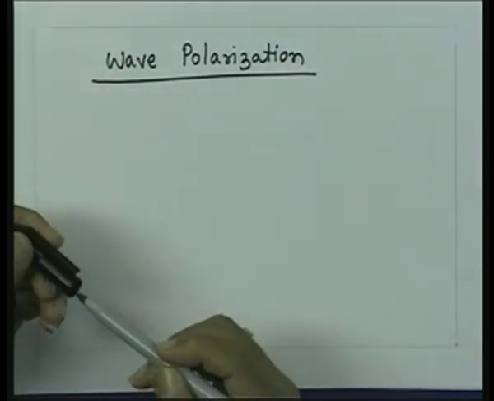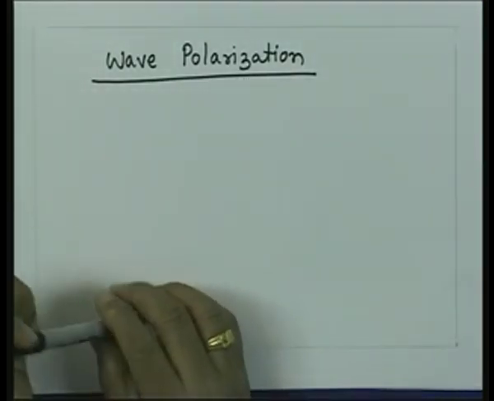And this is a very important phenomenon for any electromagnetic wave, because any wave you take, it will have a direction and magnitude of the electric field, and in general it will vary as a function of time. So, every wave will have a definite state of polarization.